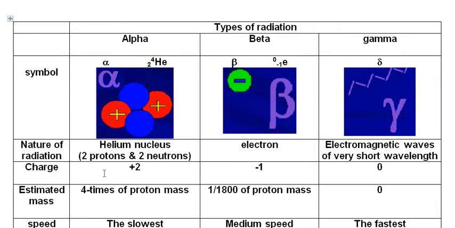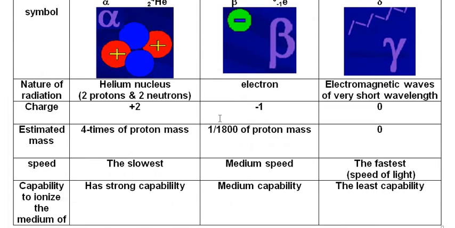This is a comparison between the three types of radiation: alpha, beta, and gamma. We said that one alpha particle consists of 2 protons and 2 neutrons, while beta radiation has 2 types. The first type is called negative beta radiation, and the other is called positive beta radiation.